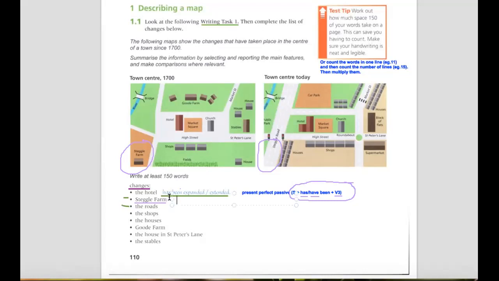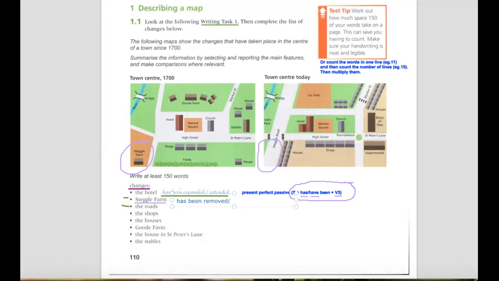So our subject, Stiegel Farm, it's singular, so has been. And what's happened to it? It's gone. So we could use the verb removed. Okay, so it has been removed. Or we could say now there's a road there instead.